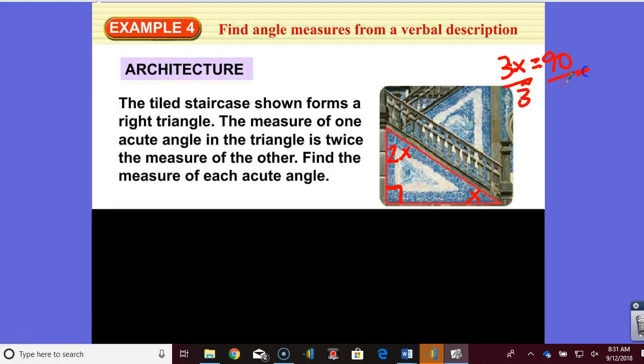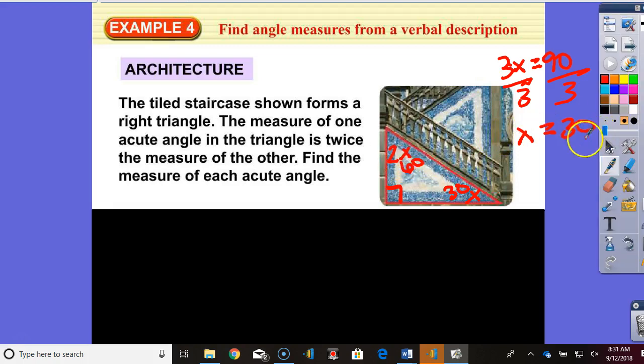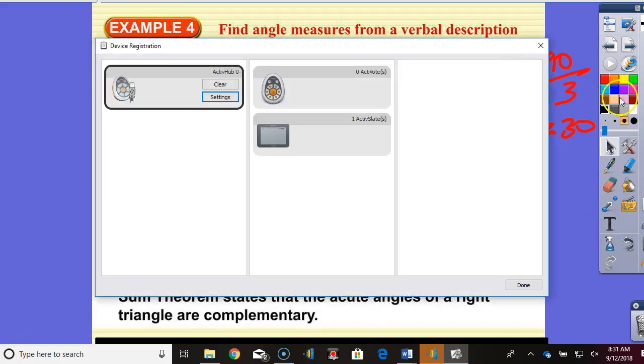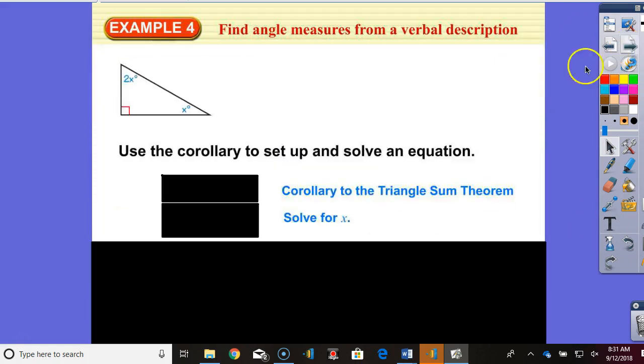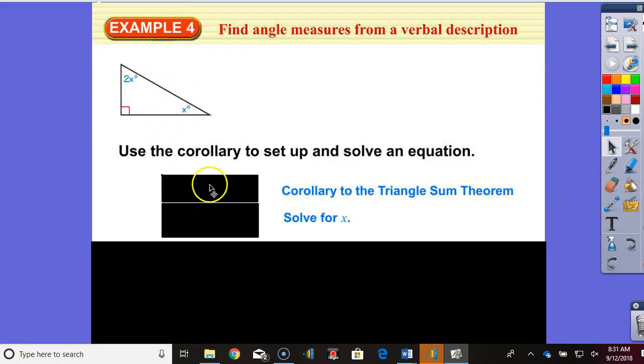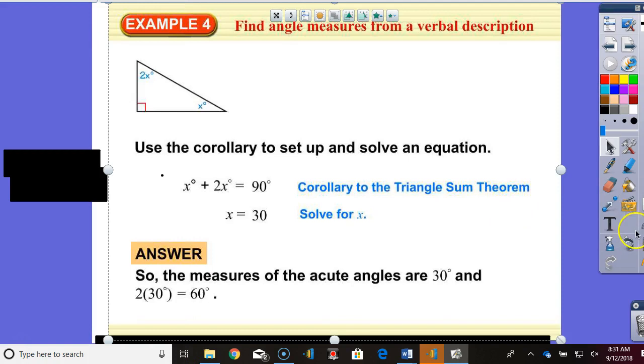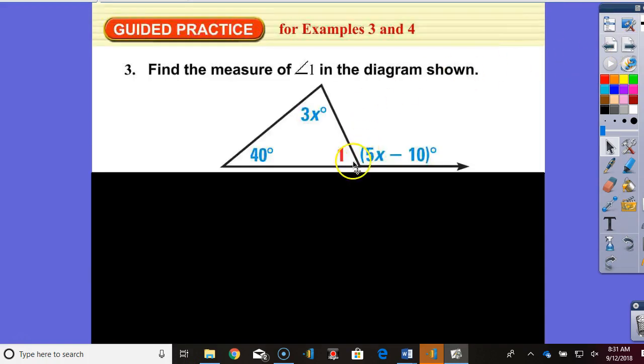Divide by 3. X equals 30. So we're going to have 30, and 2 times x is 60. So it's going to be a 30, 60, 90 triangle.